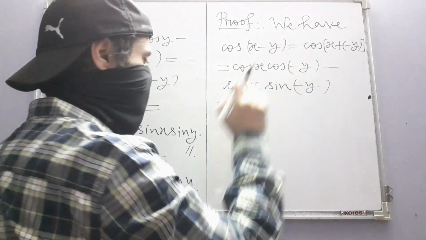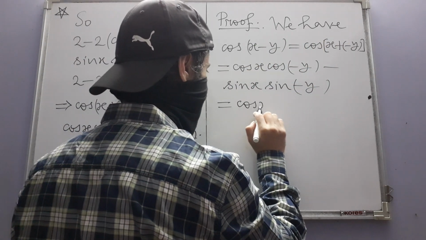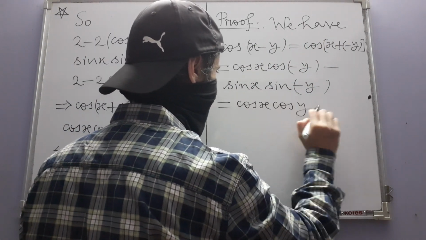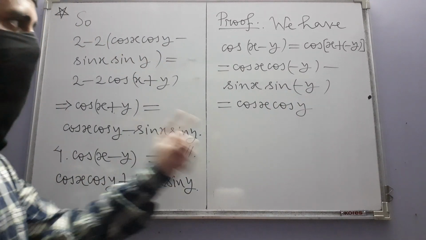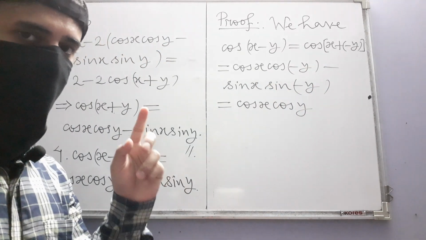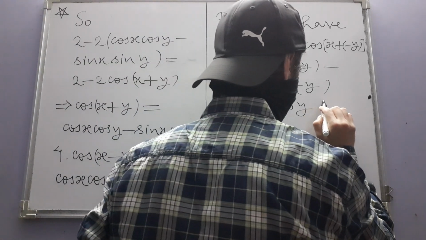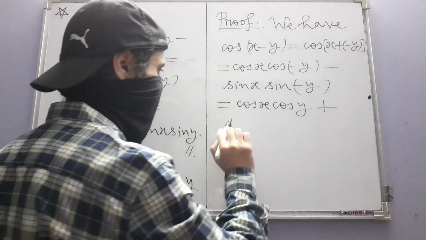But now you use your first two identities. Cos minus y is cos y, so this term does not change. However, sin minus y is minus sin y. That minus and this minus will give us plus. And that's how here we have a plus in the middle.